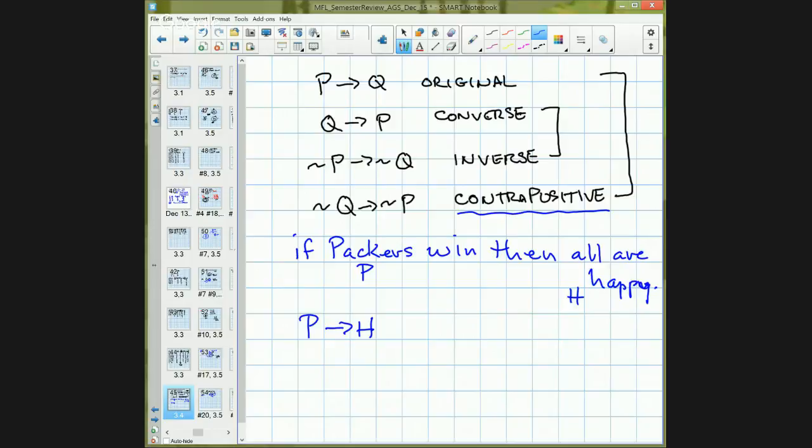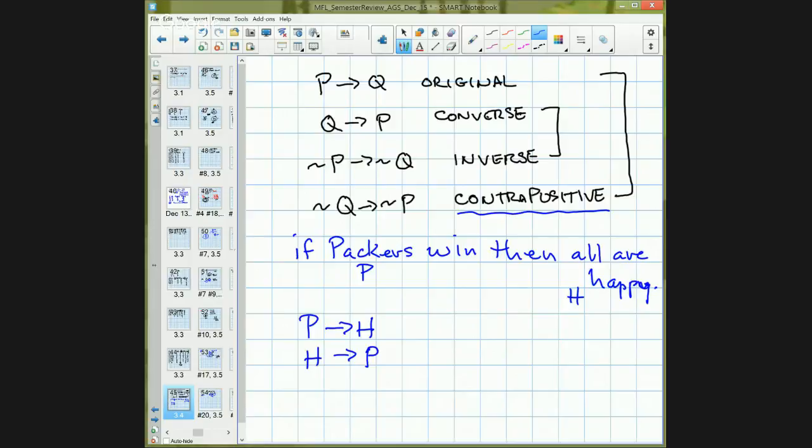Okay. So now the question is, what's the converse of that? Just flip it around. So if we're happy, then the Packers won. While that might be true, it's not necessarily true, correct?